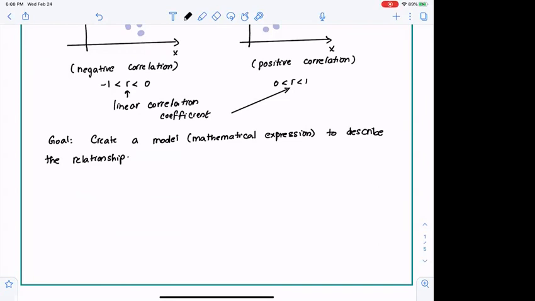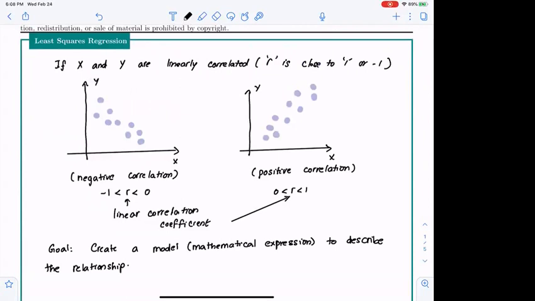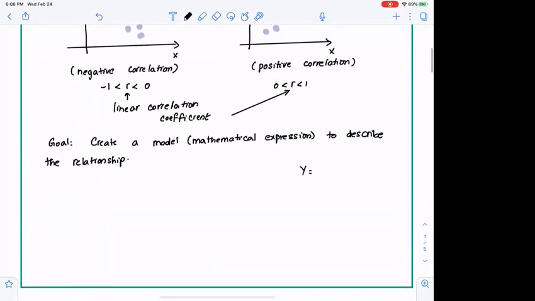So if you look at this, you can say, well, could I describe this mathematical expression as, say, y equals 2x² plus 3x plus 1? Well, we cannot, because that is actually a quadratic equation.